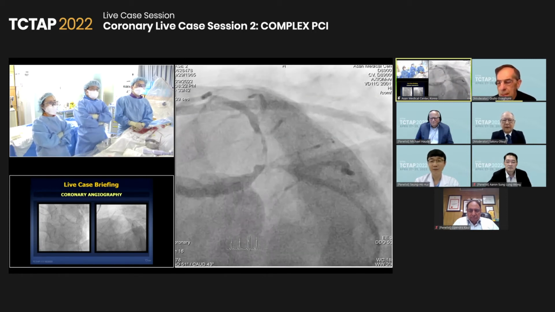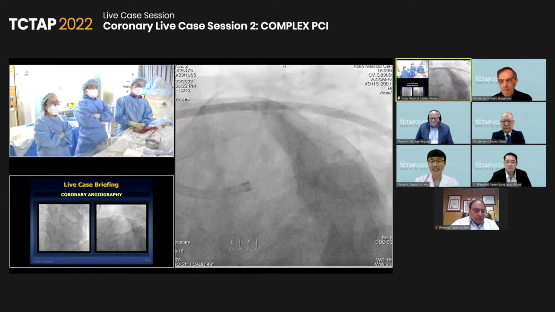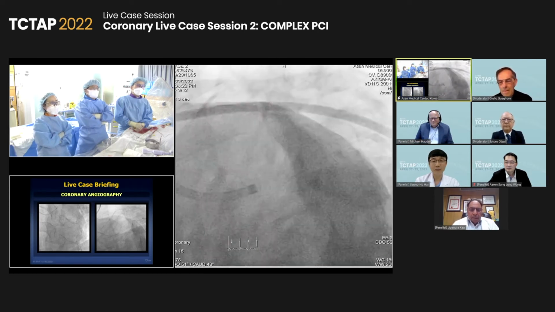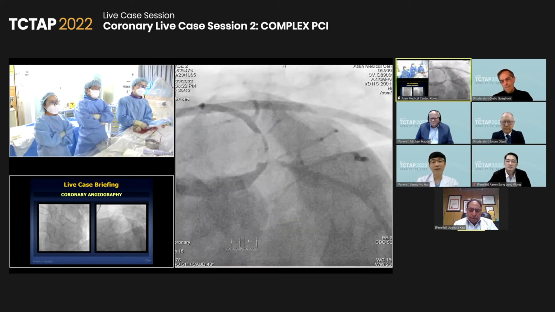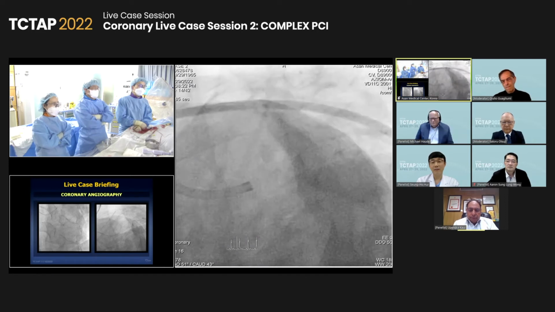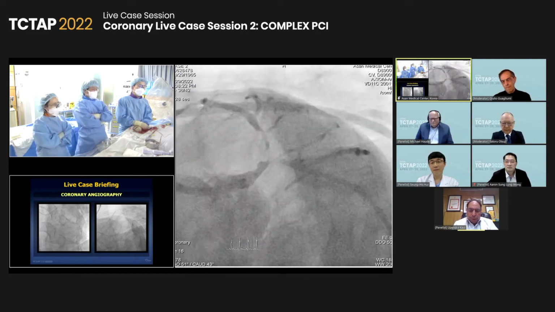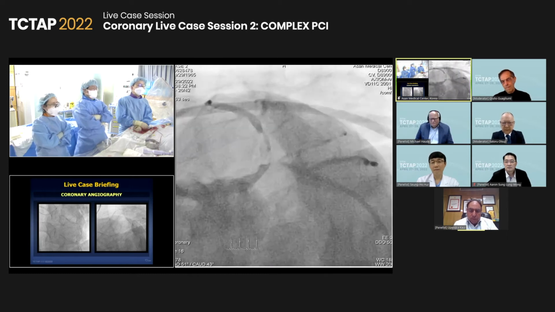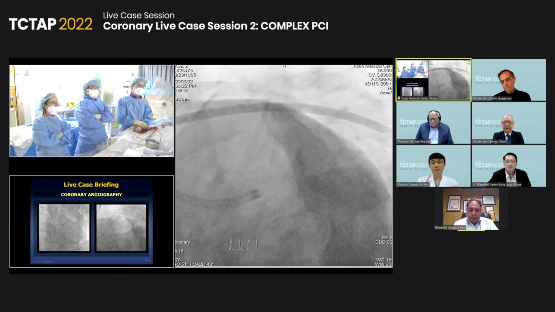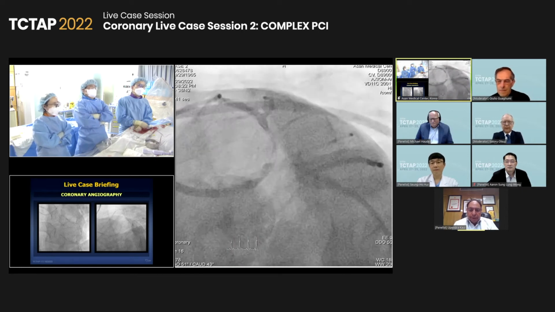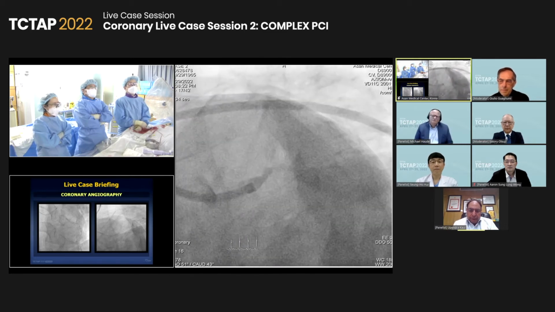Okay. Upendra, your opinion. Right. The lesions are really critical. The proximal LAD as well as the circ are very severe, and I would prefer to wire both and do a pre-dilatation with a small balloon. Get some flow and then do the intravascular imaging so as to get meaningful images. It looks angiographically that there is calcium in the proximal LAD.